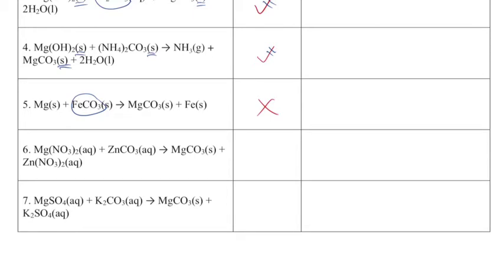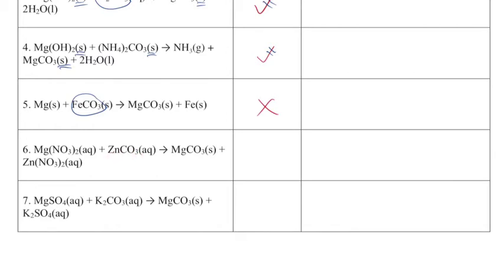And then we're left with two other methods. I think we haven't seen this kind of reaction before, so let's take a look. What's special about these two reactions? The first one, we put in magnesium nitrate, which is a salt, together with zinc carbonate, another salt.